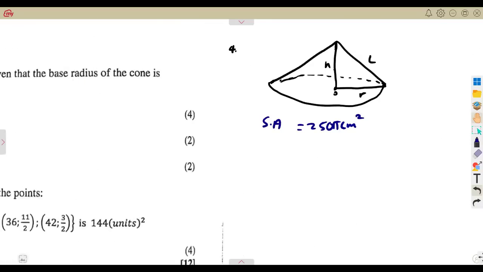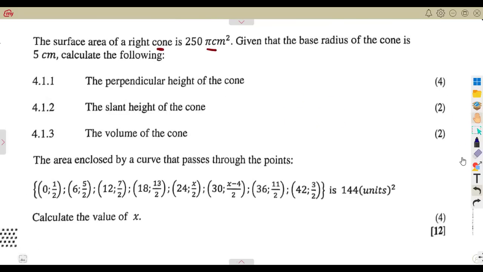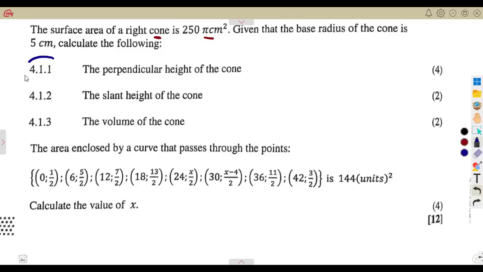We have got the base radius, this one, the base radius is 5 centimeters. So the question was, from this information, 4.1.1, calculate the following: the perpendicular height of the cone.